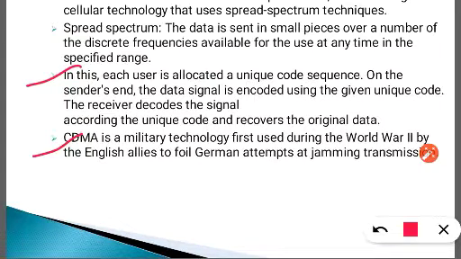After that, the receiver decodes the signal according to the unique code and recovers the original data. I hope this is clear to you all. I'll just repeat it again. Every user has a unique code sequence, so from the sender's end, the data signal is encoded using the given unique code, and then the receiver decodes the signal according to the unique code and recovers the original data.